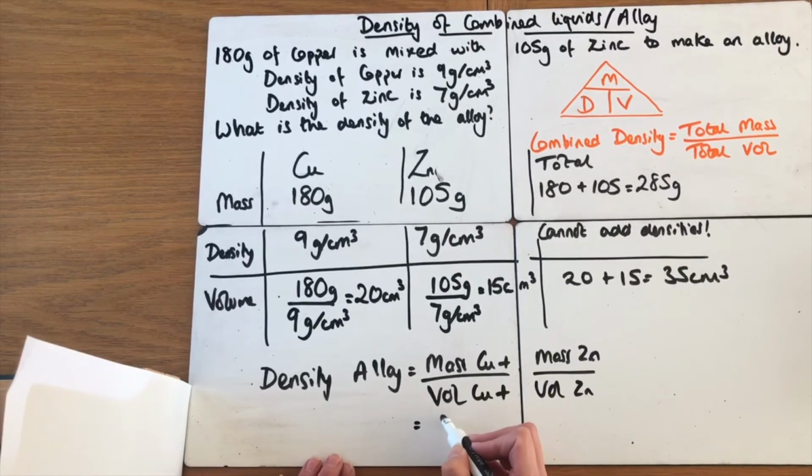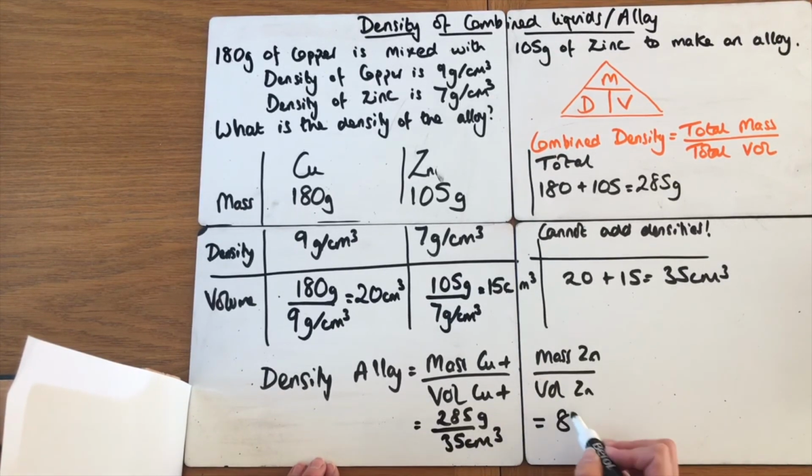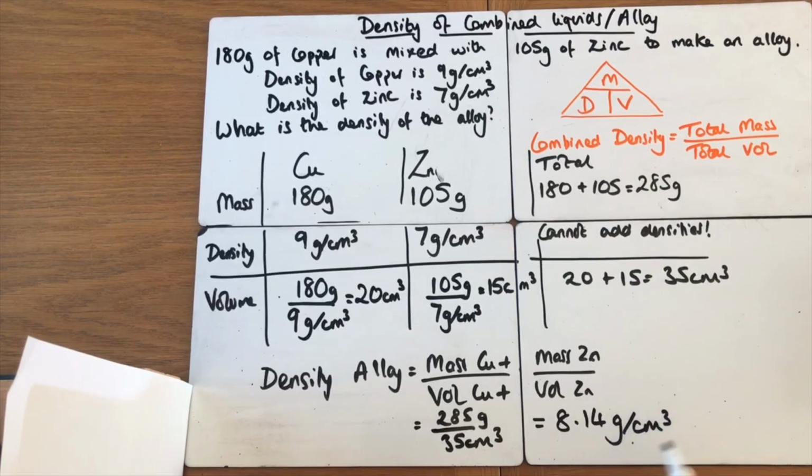So if I use the values from my table, I've got 285 grams divided by 35 centimetre cubed. Notice again, I'm keeping my units in my calculation because that's going to tell me that when I do that division, which I'm going to use a calculator for, and I get 8.14, the units of density are grams per centimetre cubed.